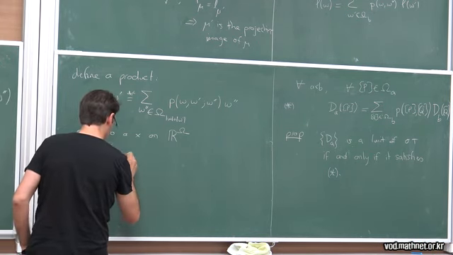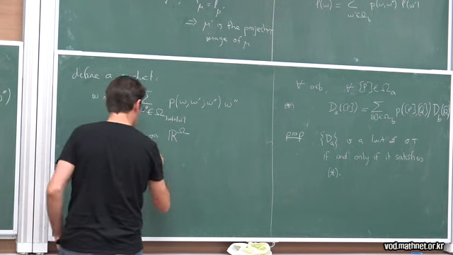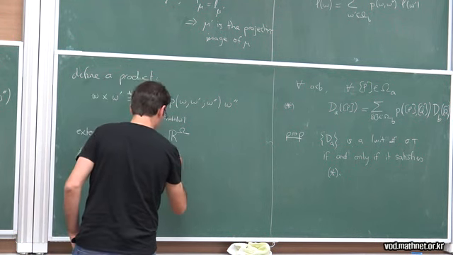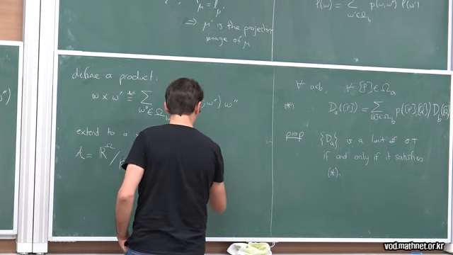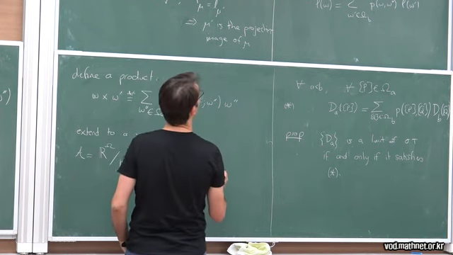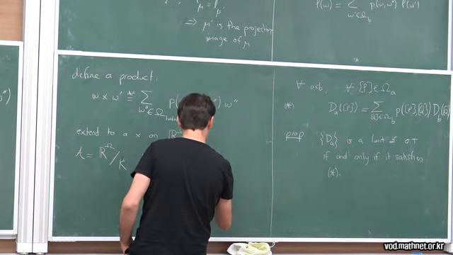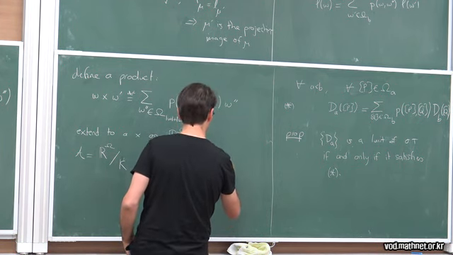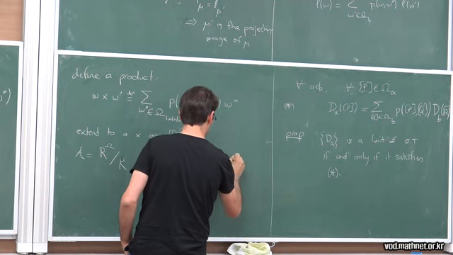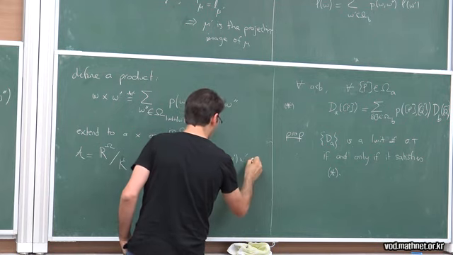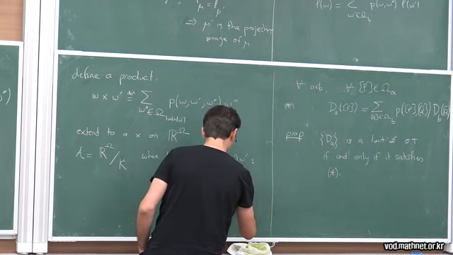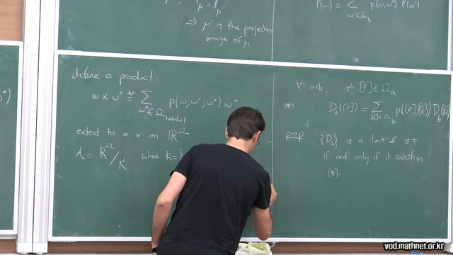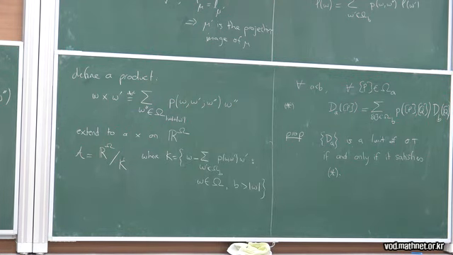So let me take a quotient where K is the set of all omega minus the sum for omega prime in omega b of p of omega prime, where omega is in this and b is larger than omega.